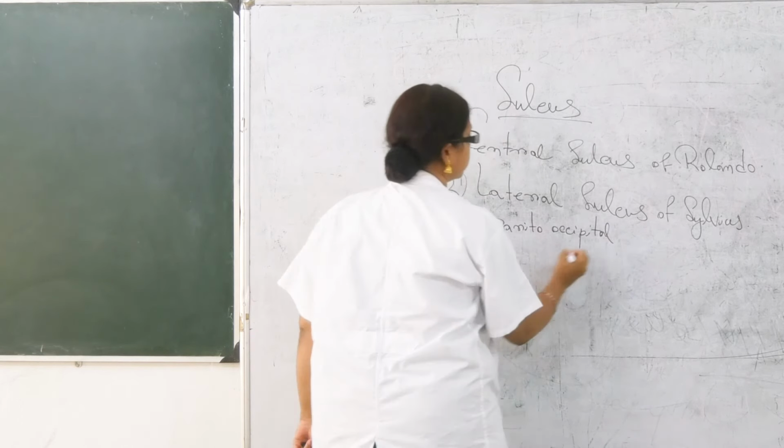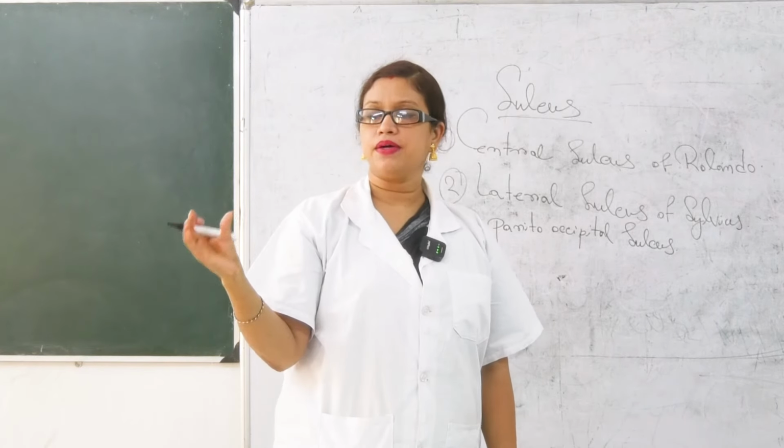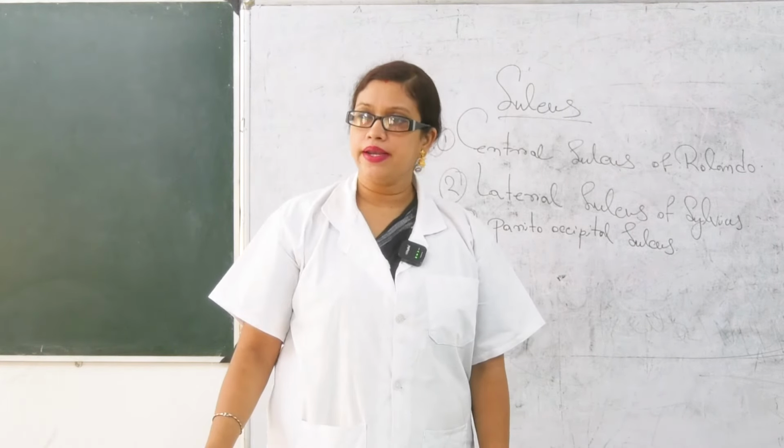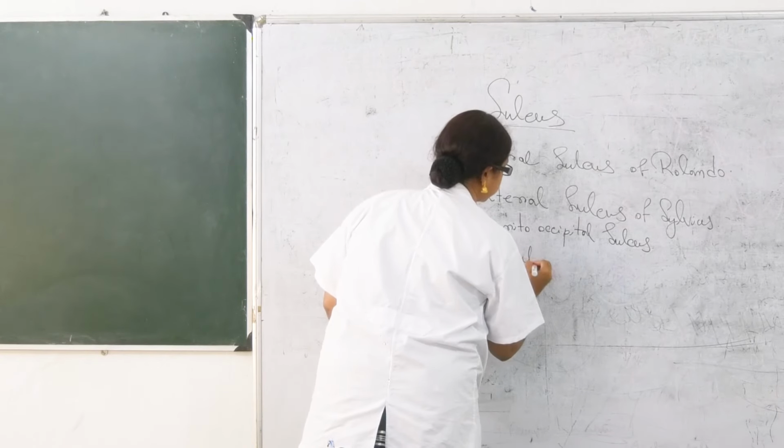Okay, what other sulcus will you get? Most important, if you do the hemisection of the brain, a sagittal section separating the two hemispheres, which part will you get? Above is the cerebral parenchyma, in between you will get the corpus callosum, right? So you have to search just above the corpus callosum, which sulcus will you get? That is the cingulate sulcus. Just above the corpus callosum we have the cingulate sulcus. So the fourth one, very much important, is the cingulate sulcus.